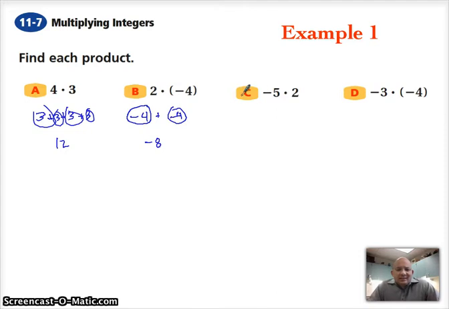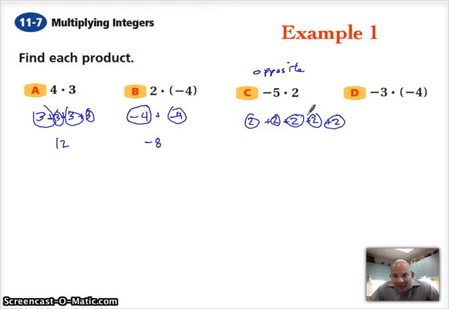Now this is where it gets not complicated, but you have to understand that this negative sign in front of this first factor means opposite. In other words, the opposite of 5 groups of 2. In other words, we have 2 plus 2 plus 2 plus 2 plus 2.